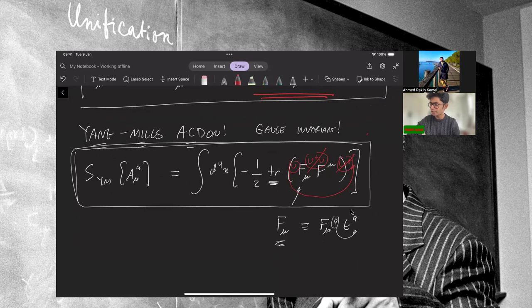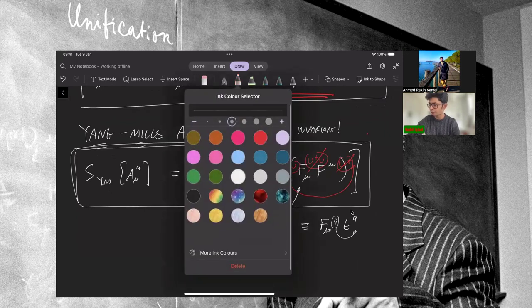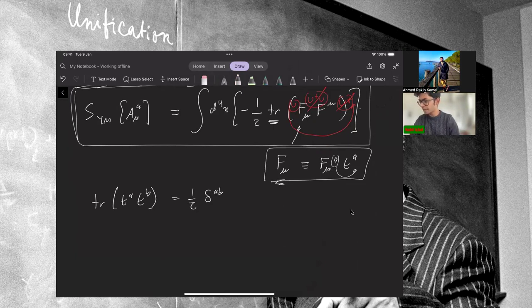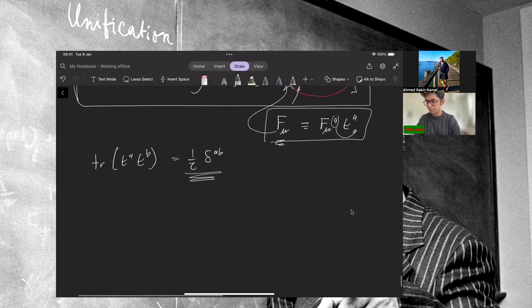It's maybe nice to write this in a slightly more explicit way. Let me just do that for you now. There's a property of the T^A, the Pauli matrices, that if you take two of them and you compute their trace, then that turns out to be a half times delta^AB. So if you plug this in here and then use this to take the trace, then you can write this in the following way, which is maybe a bit nicer.